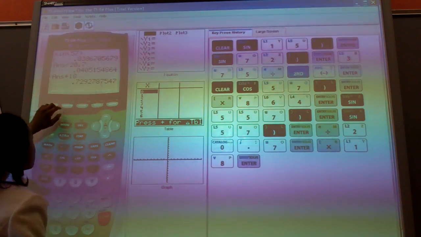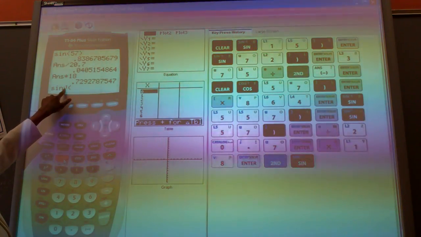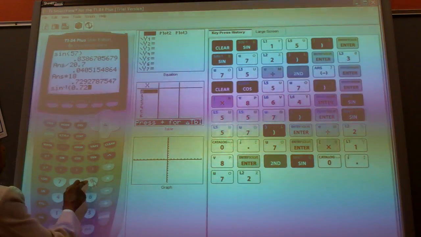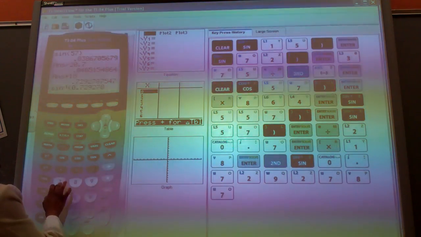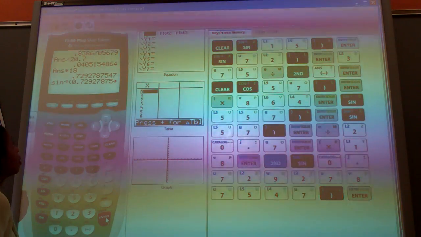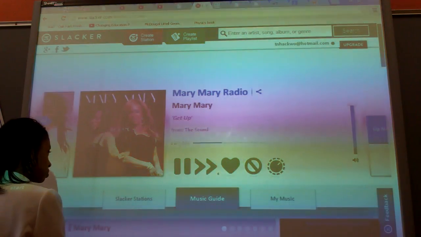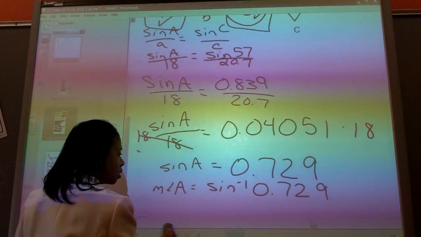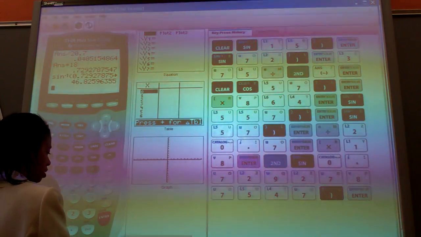I use shift, inverse sine, and enter 0.729278 and the rest of the digits, close parentheses, and what do I get? That's approximately 46.8 degrees, so 46 and 8/10.